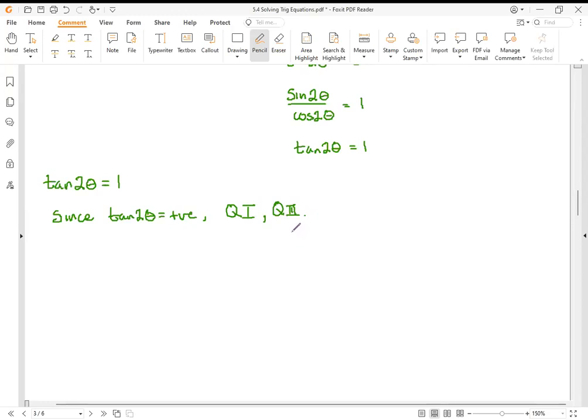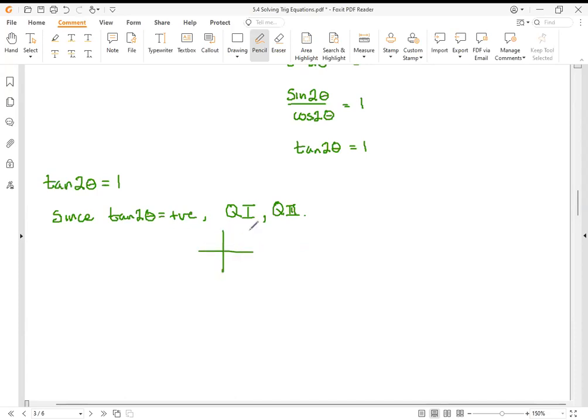So what are the 2 angles? If you want to use your drawings, you can, to figure out what makes opposite over adjacent equal to 1.